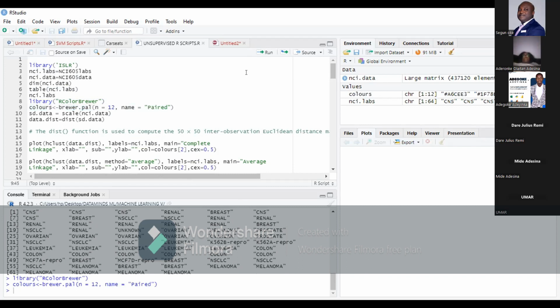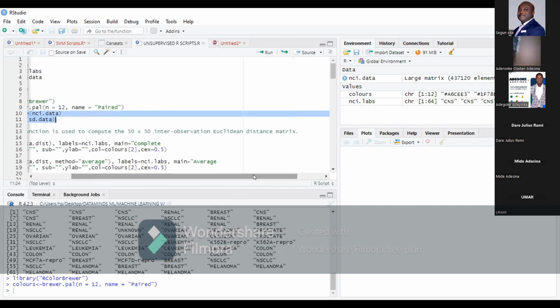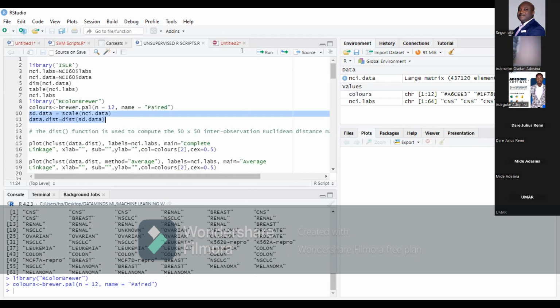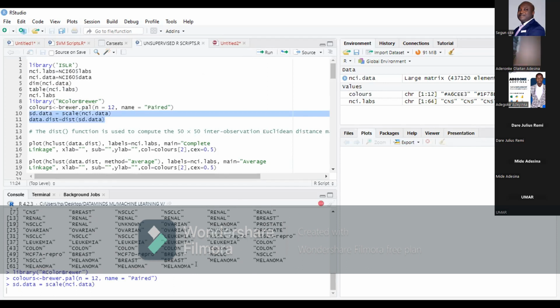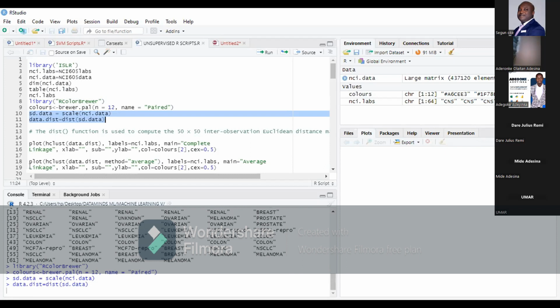Now this particular command is just for us to have our data distributed in a kind of matrix form, and we'll be able to use our Euclidean distance matrix just like we did in the example. That is what this particular command helps us to do.